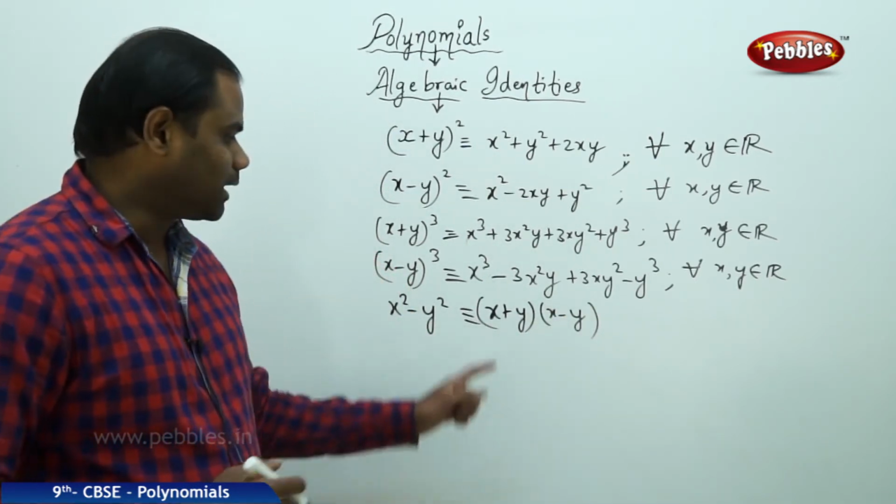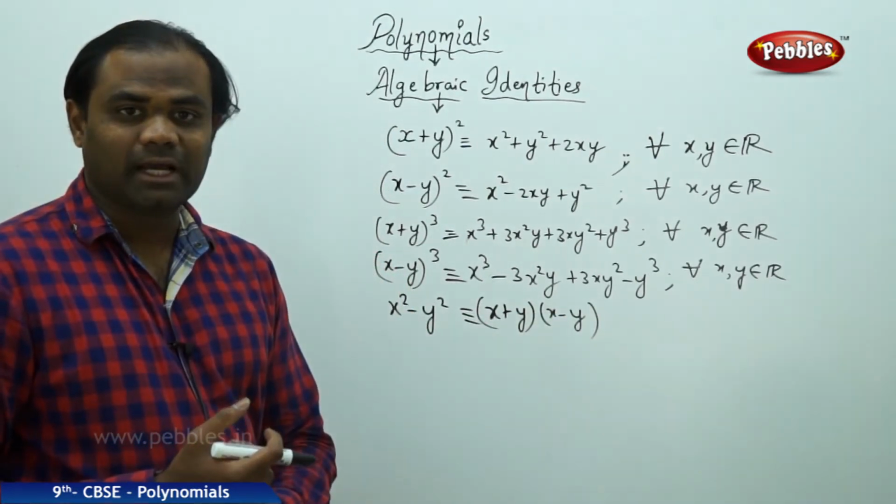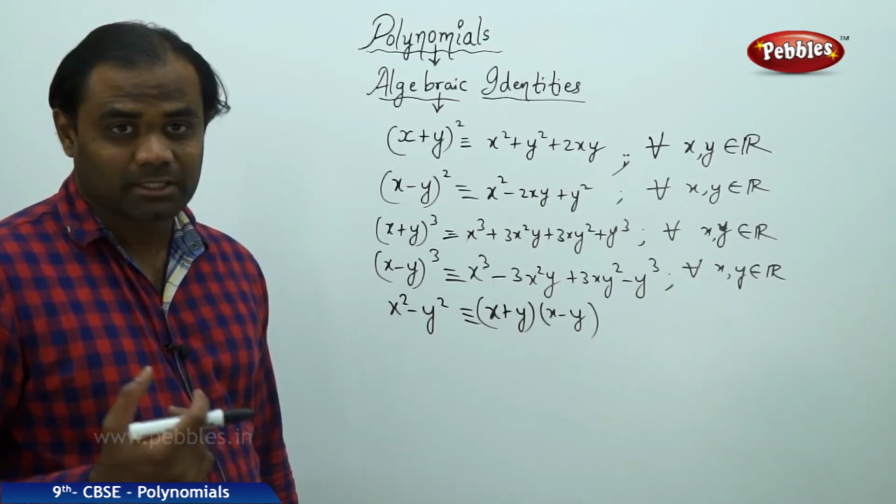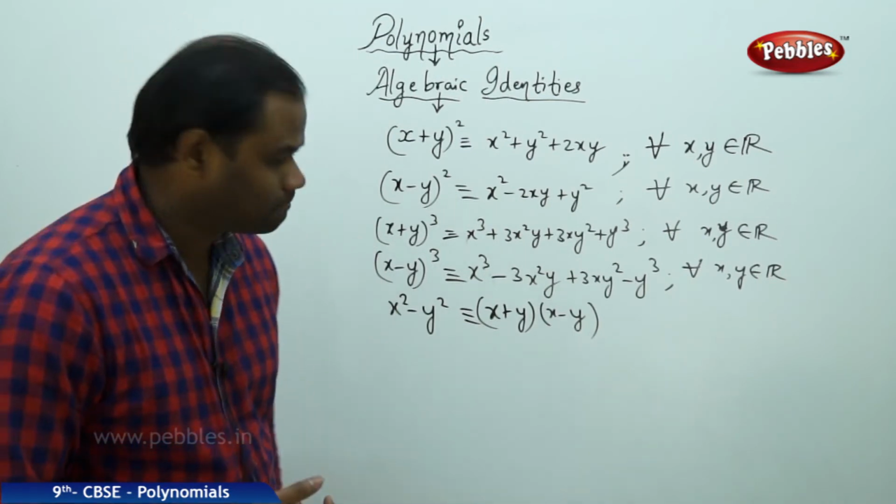That is how I identify the identity x square minus y square equals x plus y into x minus y.